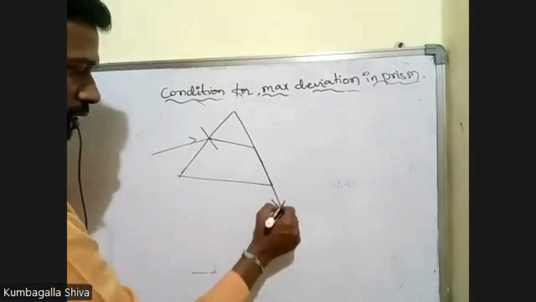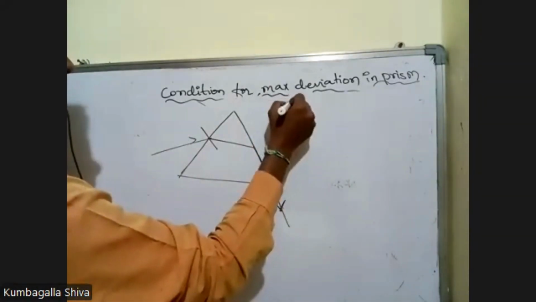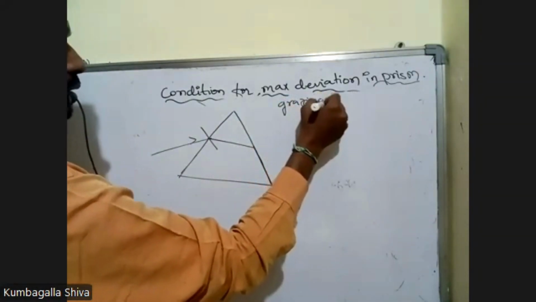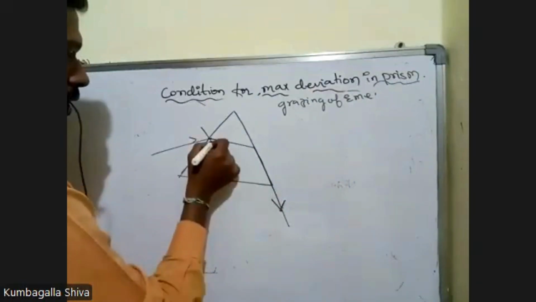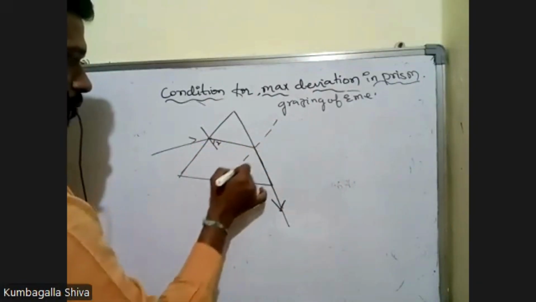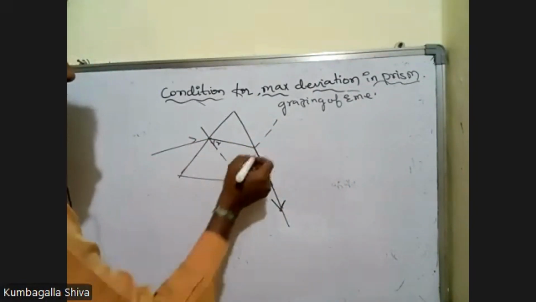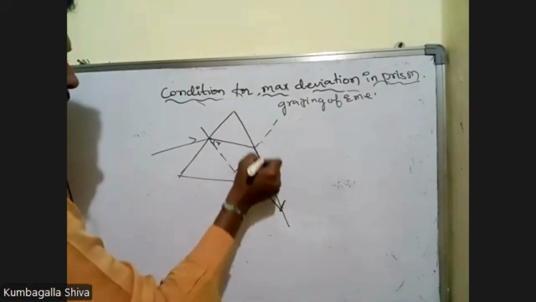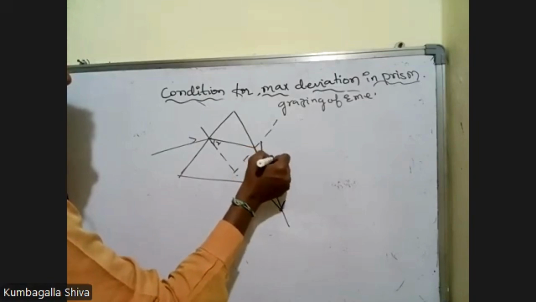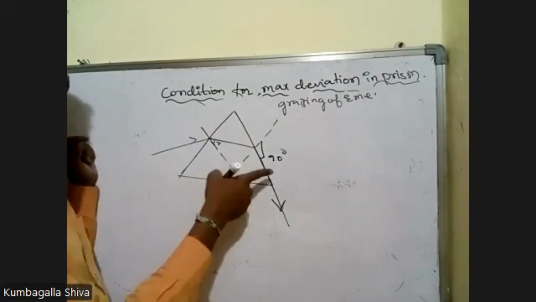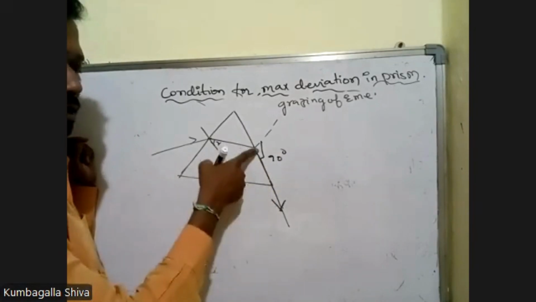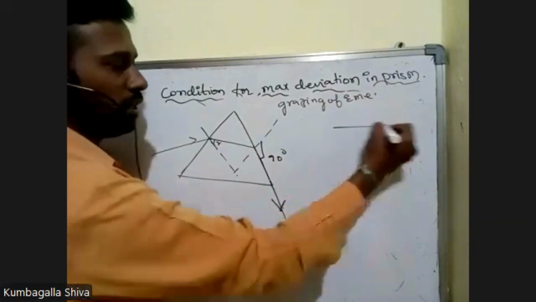So there is a grazing emergence. This is the R1, and I produce this normal. They meet here, and here the angle of emergence with the normal is 90 degrees. So when can you see that grazing emergence?